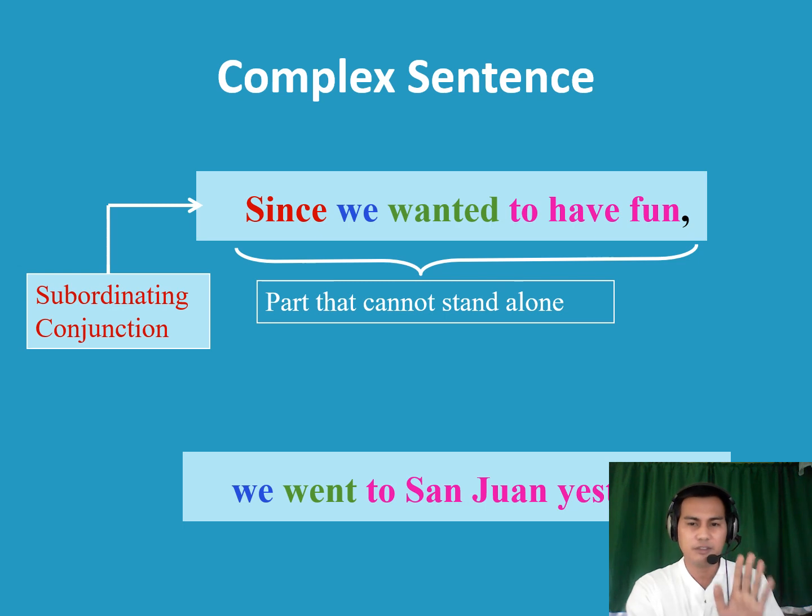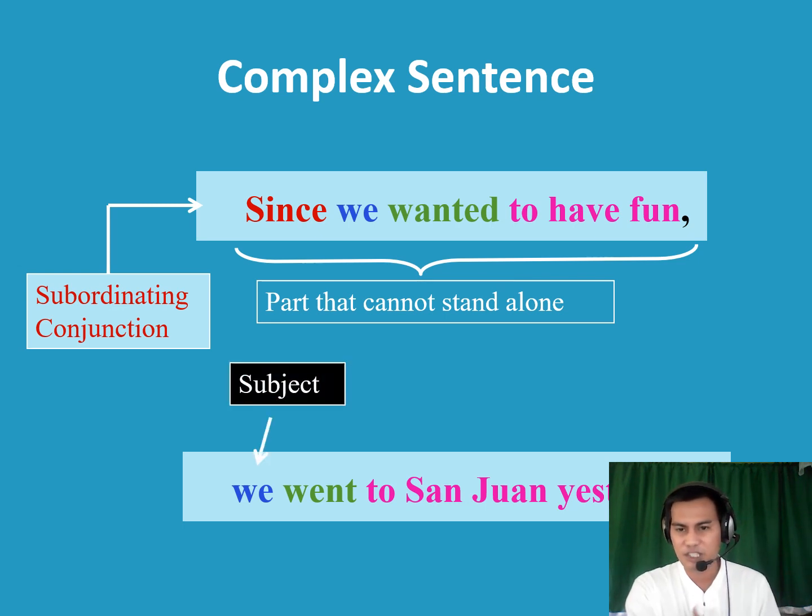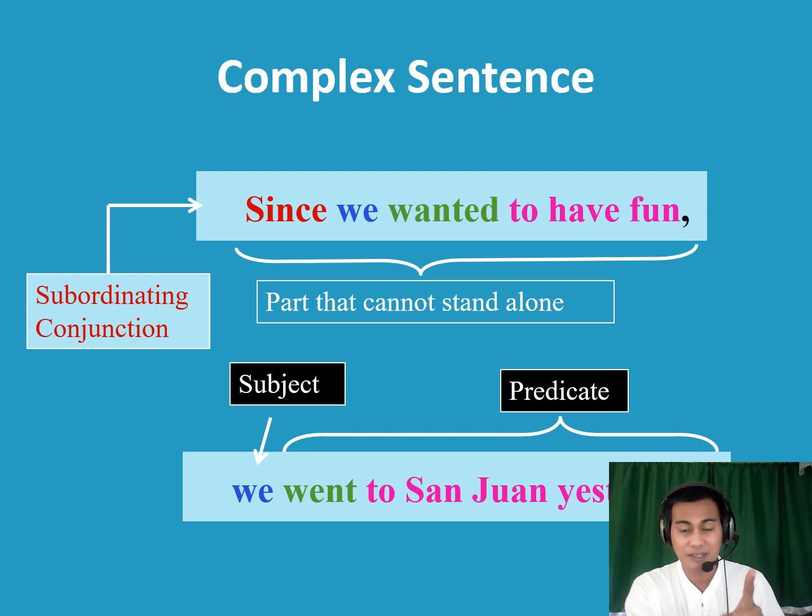Here, you have to find first which part of the sentence is which clause. Usually, the comma provides a really great clue. The comma actually separates the dependent from the independent clause. So we have here, since we wanted to have fun, that's one group. We went to San Juan yesterday, that's another group. Separated by a comma, of course.